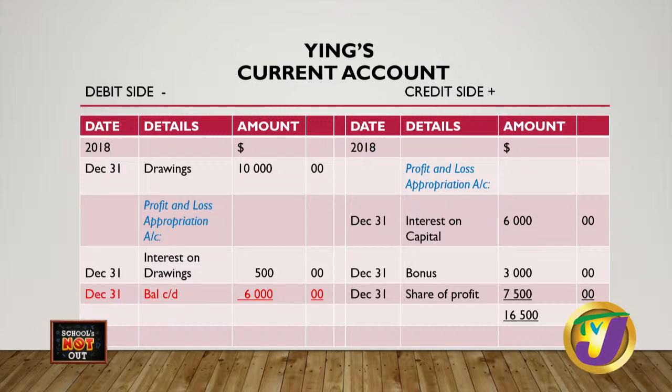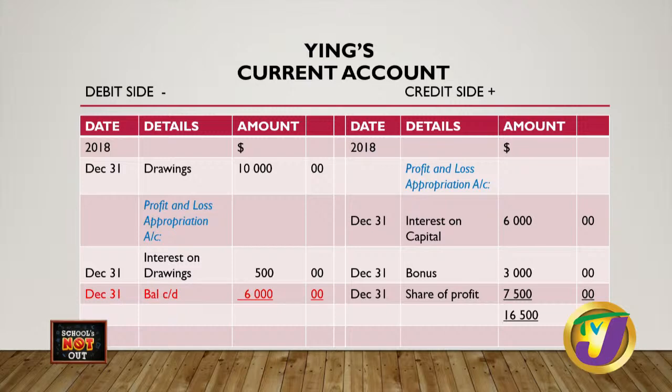$16,500. Now students, if you notice in red, December 31, I have balance CD there. The balance CD is indicating to us that he only has $6,000 left. How do we get the $6,000?